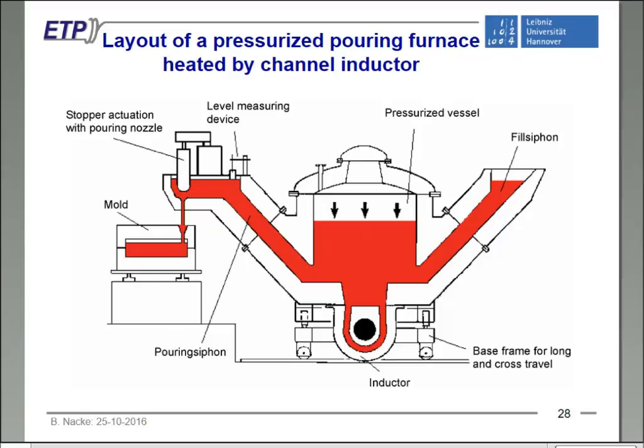Here is a control system which controls the level, so that the level always is constant, and the stopper always has the same conditions to fill the mold here. Also during filling, I can use the fill siphon again for refilling the furnace, and due to the control system, by the level measuring device and the pressurizing, we still have the same level here, even if we refill material here.